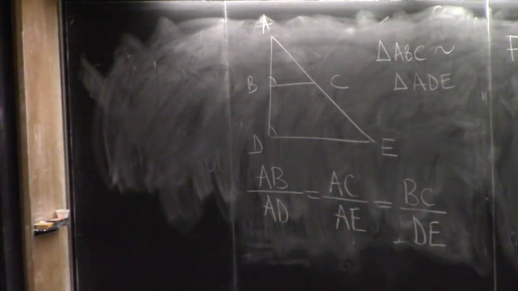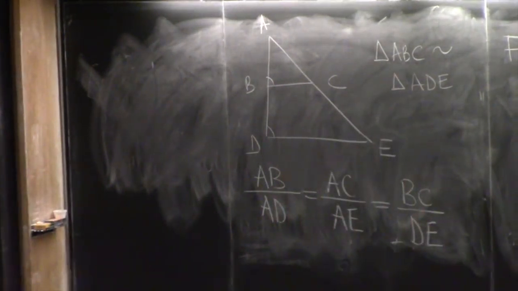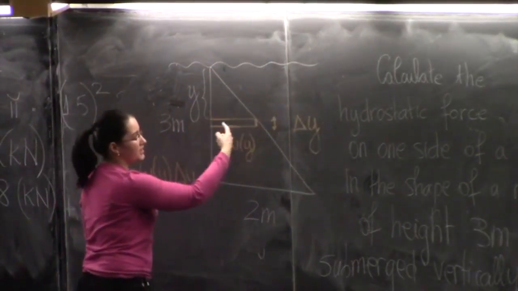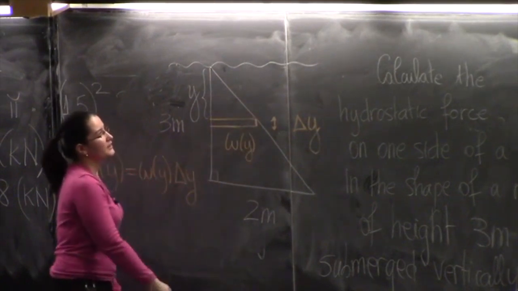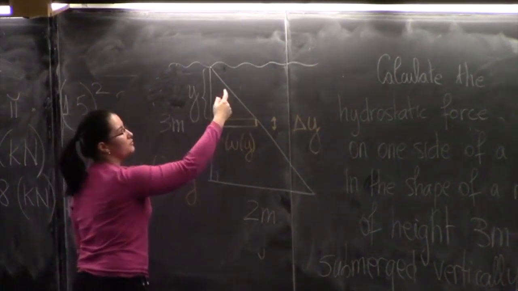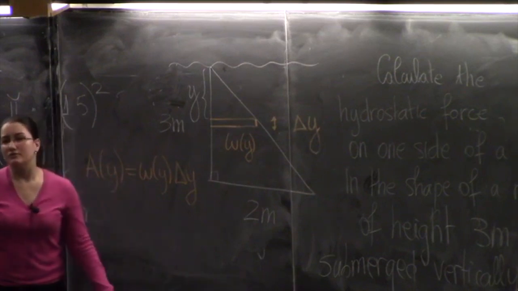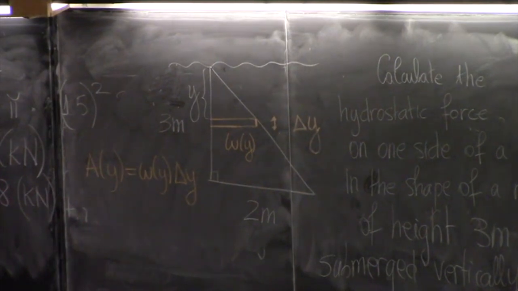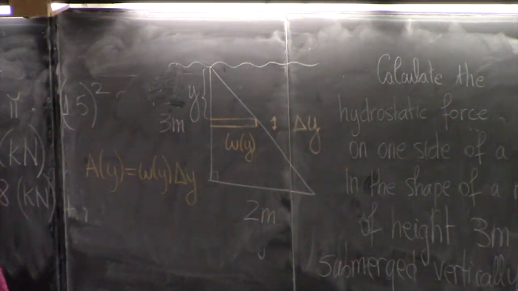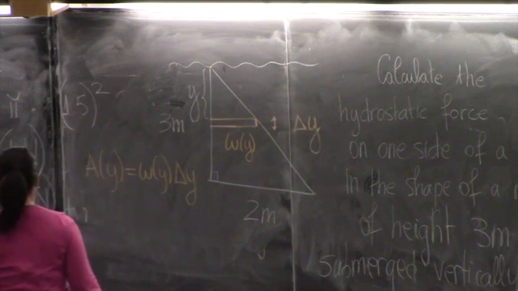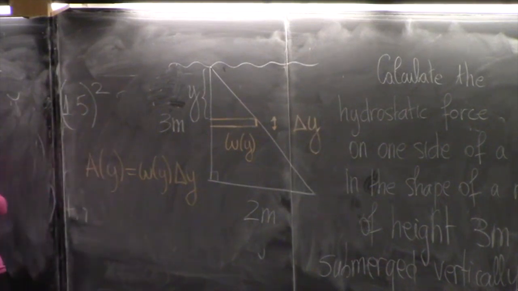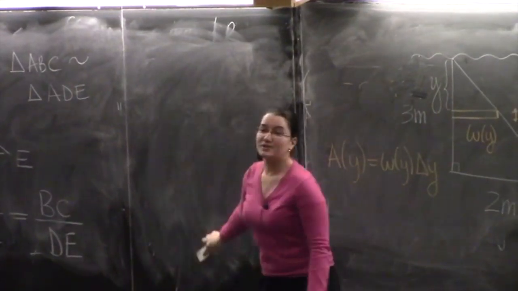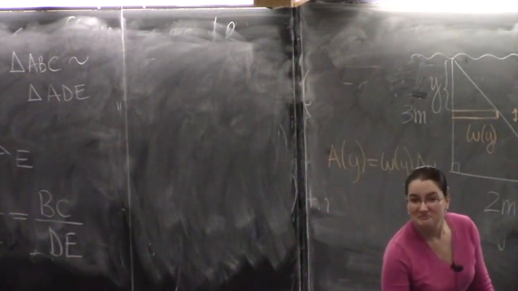And what are the similar triangles over here? Well, one triangle has the upper vertex and the side which has width W of y. And this whole triangle over here is going to be proportional to our large initial triangle. So it means that we can compute W of y from the similarity relation in that triangle. Apologies if I'm making it too simple.